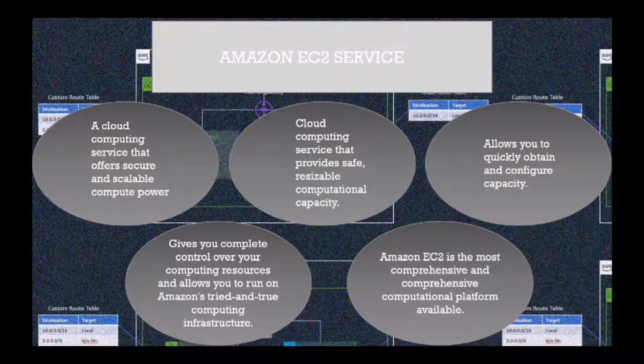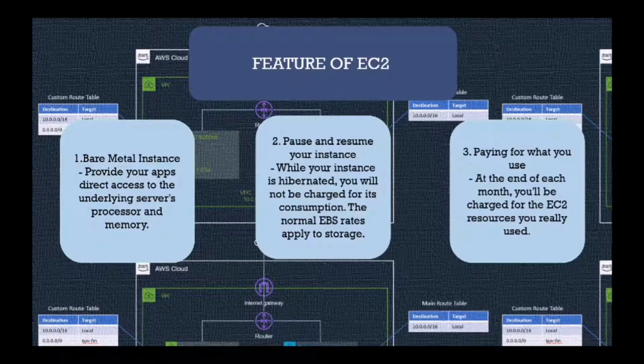It allows you to quickly obtain and configure capacity, gives you complete control over your computing resources, and allows you to run on Amazon's tried and true computing infrastructure. And the last one is that Amazon EC2 is the most comprehensive computational platform available.